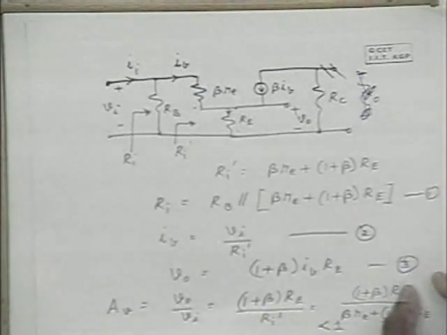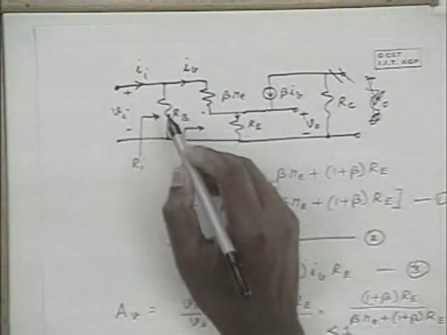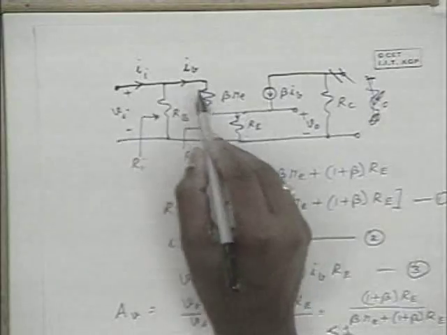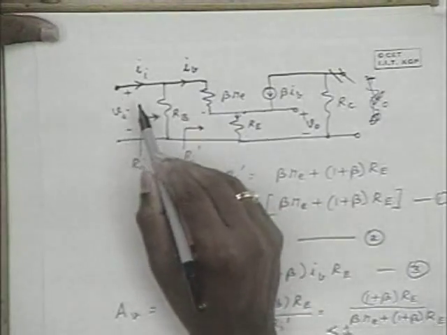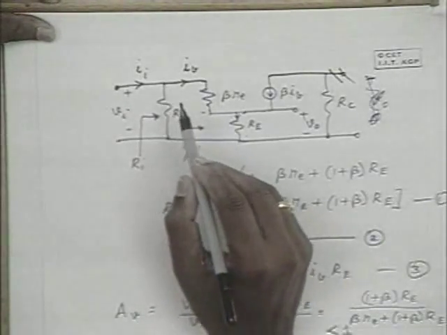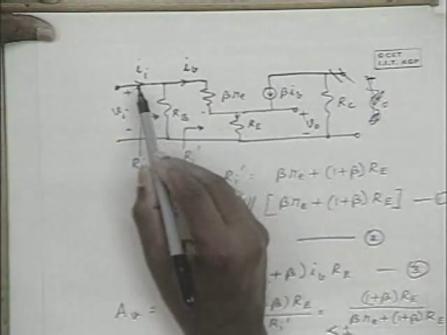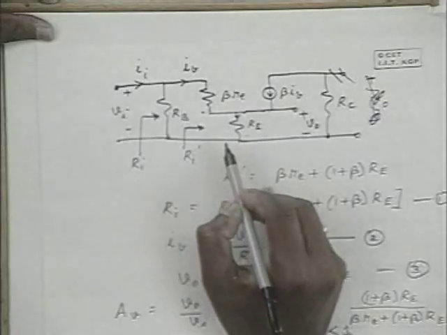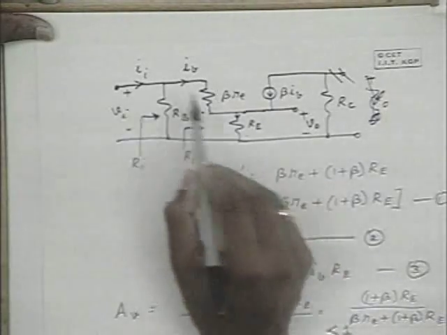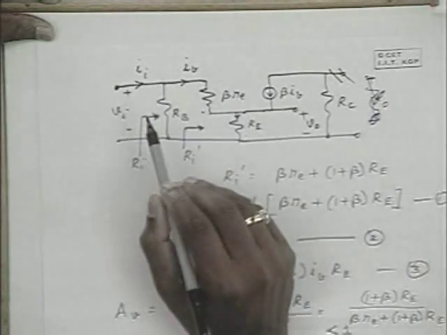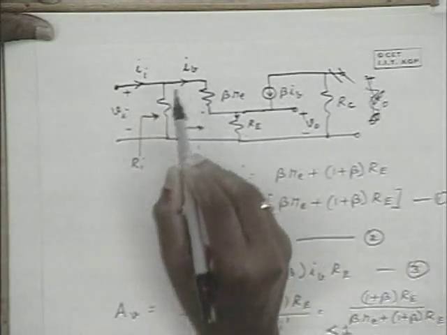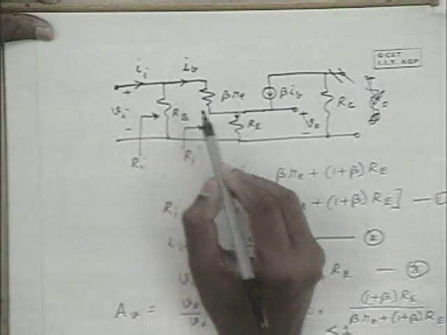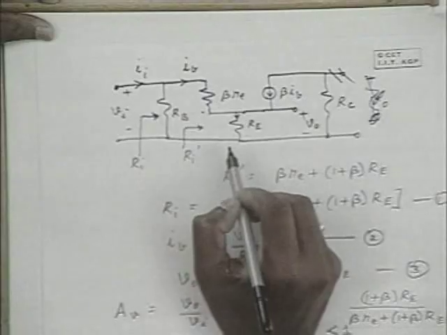So, please note that from this circuit on the input side, we can determine the ratio between Ib and Ii. Actually, Ii gets divided between this Rb and this Ri dash, and that's what decides the ratio between Ib and Ii. So, Ib is equal to Ii into Rb by Rb plus Ri dash.